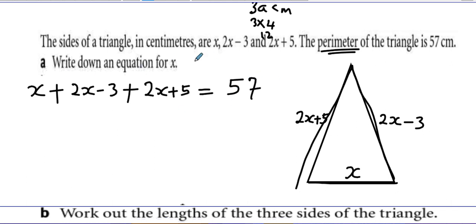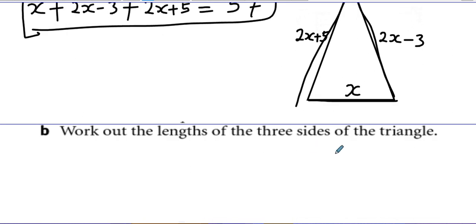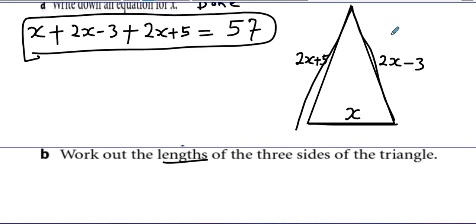So the equation is: x plus 2x minus 3 plus 2x plus 5 equals 57. So the equation is done. Next, work out the length of these three sides.